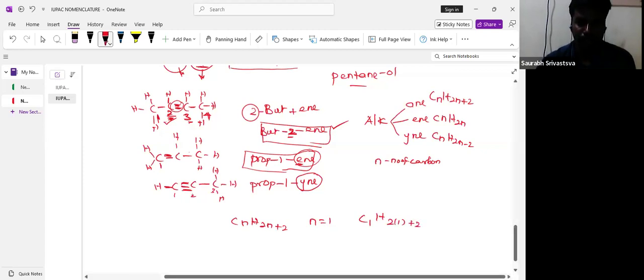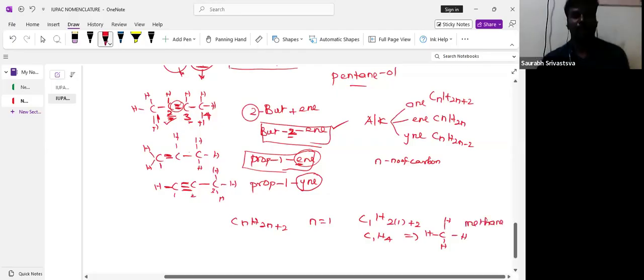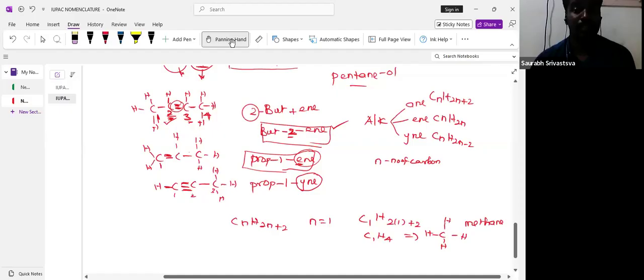Then what is the value? C1H4. Now we can draw the structure: carbon 1, 2, 3, 4 hydrogens. Sir, n means what? Methane. Yes, sir. n means number of carbons or number of hydrogens? What is it? n.